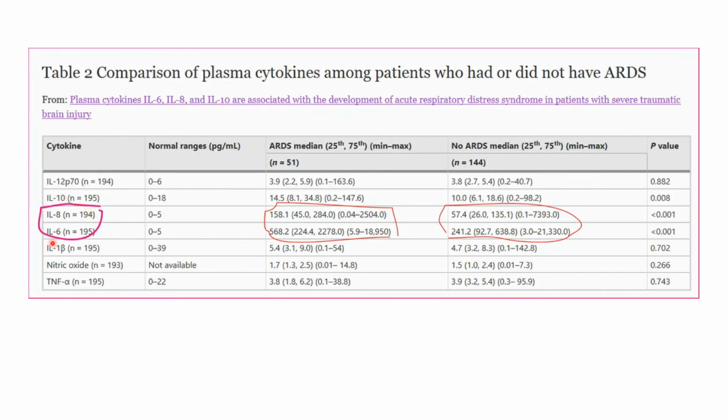If you look at IL-8, similar pattern, not as high as IL-6, but it is there, an increase in number. ARDS patients have higher IL-8 compared to no ARDS, but both have higher IL-8 as compared to normal controls.